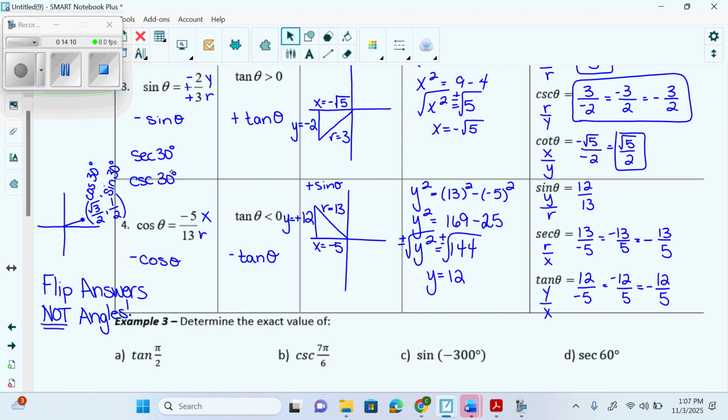Yes, it would be 2 over root 3. It would flip, and then we'd have to rationalize it, because this is an answer, correct? The angle is 30 degrees, the angle is pi over 6. I'm not switching those. I switch answers. Because this is x over r, and r over x is that flipped. So secant would be 2 over root 3, and then Luke rationalized it right away, and you get 2 root 3 over 3.